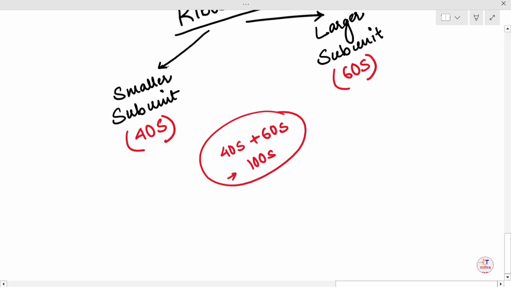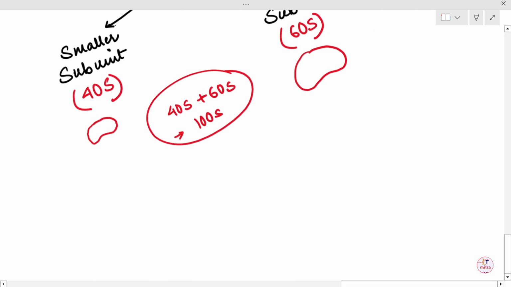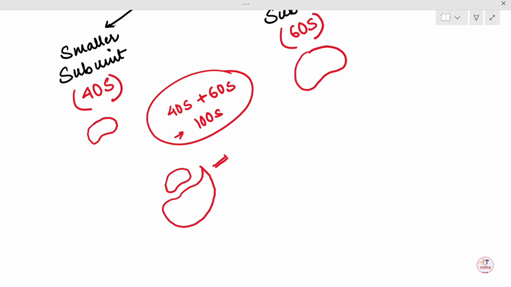But when we see the smaller unit and the larger unit, when it gets assembled, it gives 70S, not 100S.